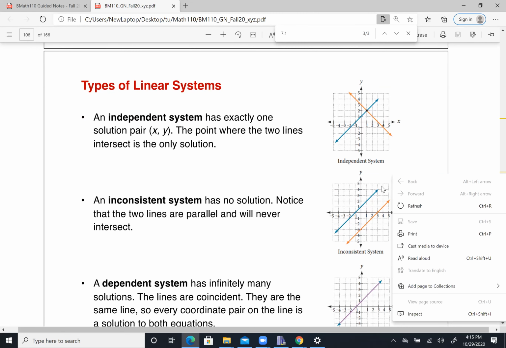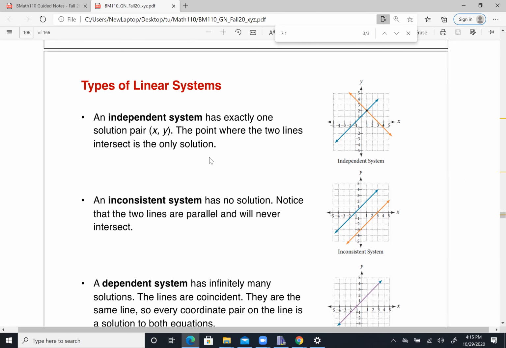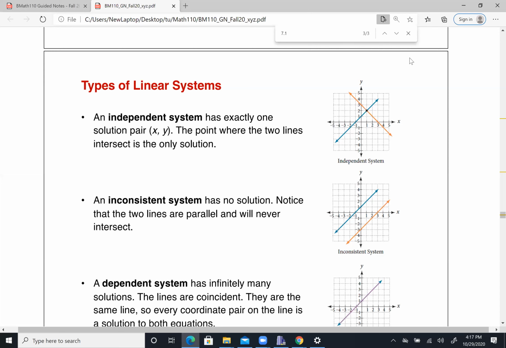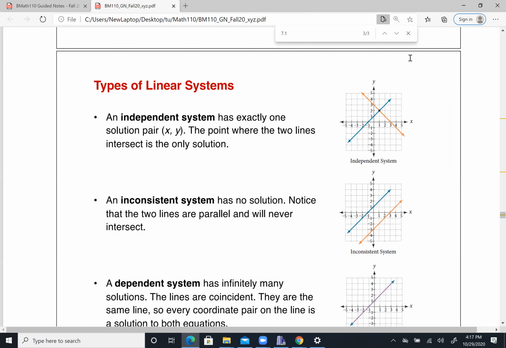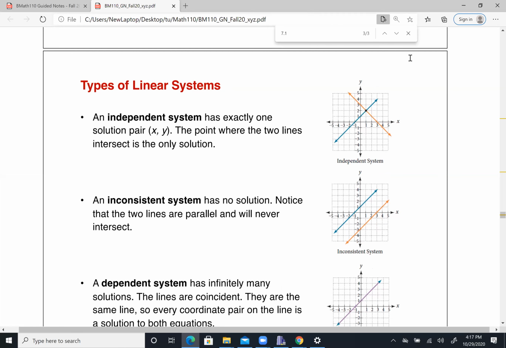All right. So here we're going to talk about the types of linear systems. We have a total of 3 types. The first case is an independent system, which has exactly one solution.